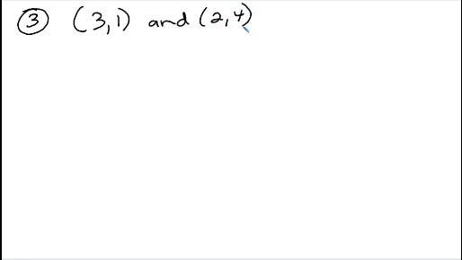Well, if I'm thinking about slope-intercept form, if I'm thinking about y equals mx plus b, I need a slope and I need a y-intercept to write that equation. I don't have either. Daggone 'em. They didn't give me anything I need. But if I have 2 points, can't I find the slope?